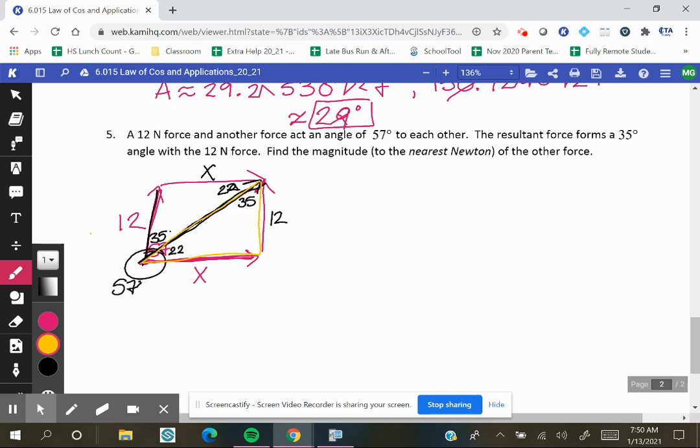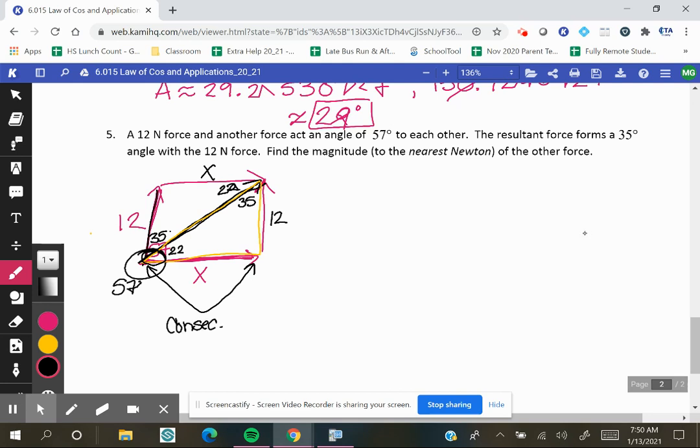And there's one other thing that will help you here to solve that, and that is in a parallelogram, your consecutive angles are supplementary. So if I know this angle's 57, I know these two consecutive angles in the parallelogram add to 180 degrees.